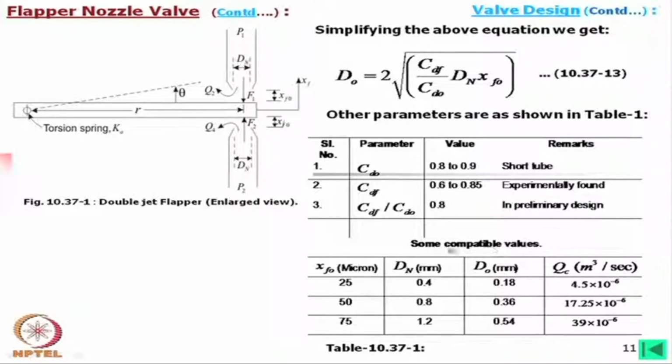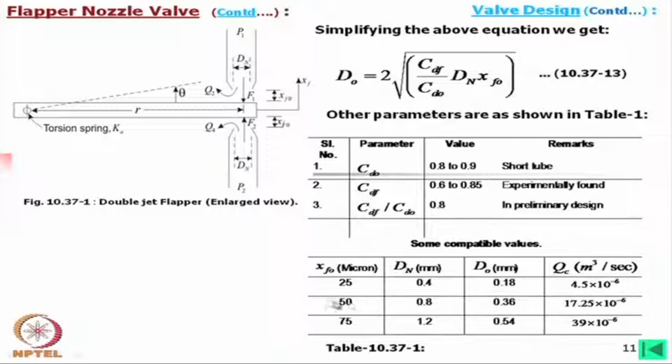Now, if we consider a realistic value, say x f0 is 25 micron, you can imagine how small it is, then dn is 0.4 millimeter only, whereas d0 is 0.18 millimeter, and the flow there is 4.5 into 10 to the power minus 6 meter cube, that is, 4.5 cc.